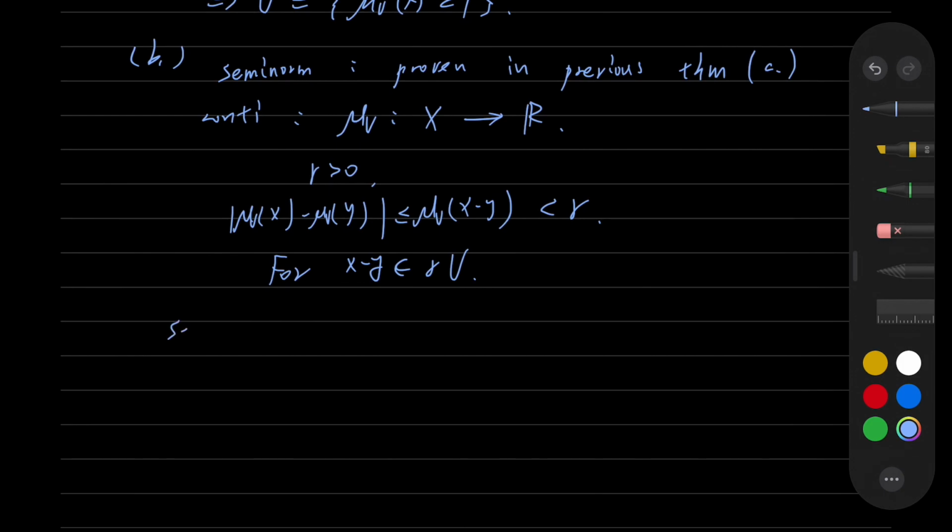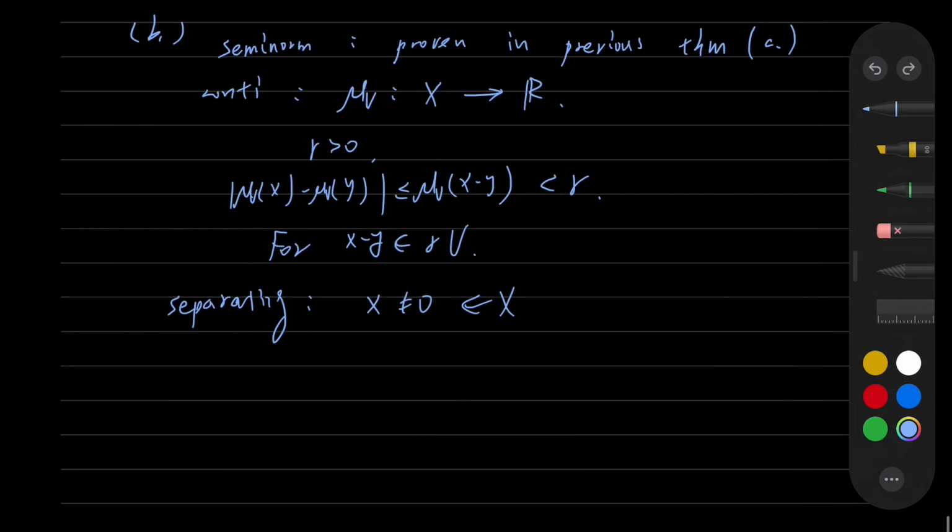Finally, we need to prove that it's separating. So we need to prove that for any point that is non-zero in the vector space, we can find a norm such that mu v of x is non-zero.